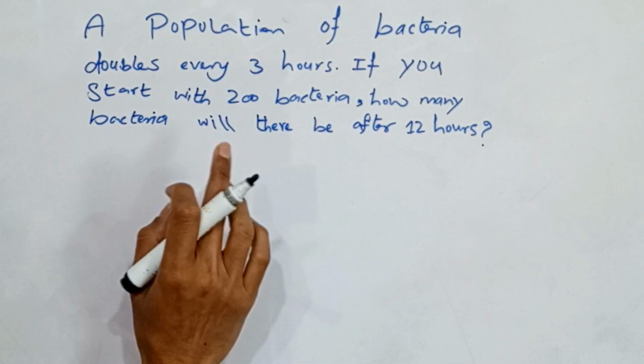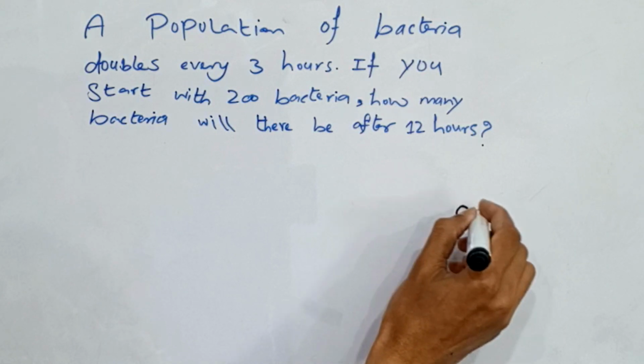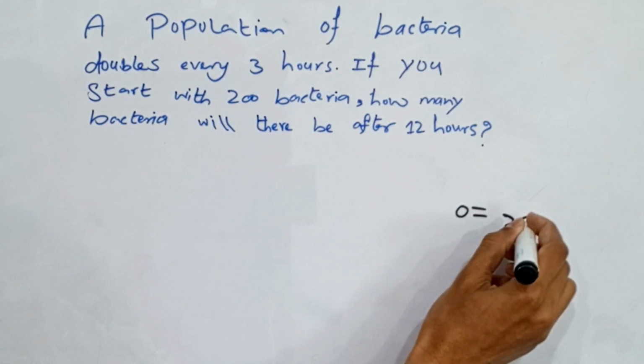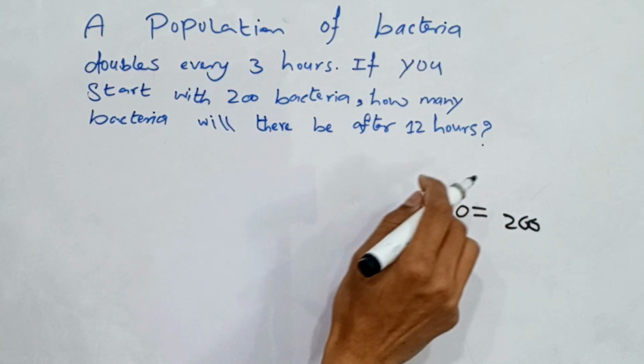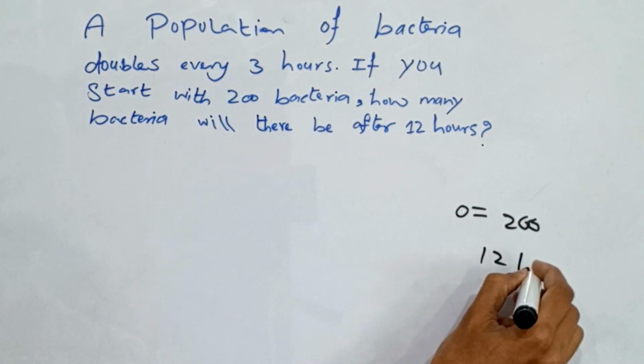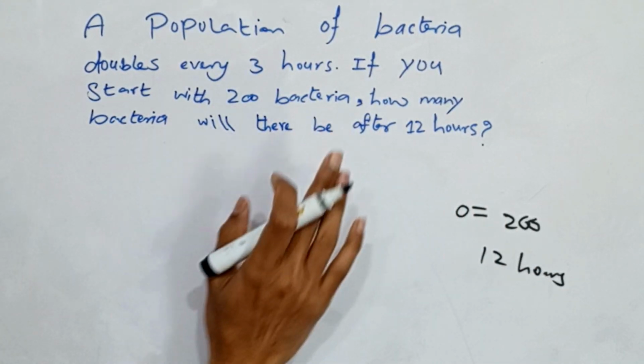We start at time equals 0 hours with 200 bacteria, right? We want to know the count at time equals 12 hours. The doubling happens every 3 hours.